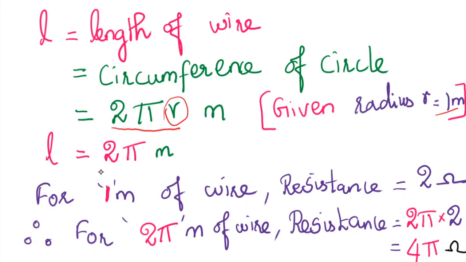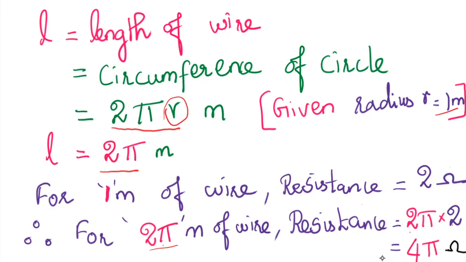So இப்போ நமக்கு length of the wire கிடைச்சாச்சு. இன்னொரு hint என்ன கொடுத்திருக்காங்க, 1 மீட்டருக்கு resistance 2 ohms. Okay. So for 1 meter resistance 2 ohms means what is the resistance of the whole wire? Resistance of the whole wire கண்டுபிடிக்கணும்னா just the length multiplied by 2. எதனால 1 மீட்டருக்கு 2 ohm resistance-னா 2 pi meter of the wire resistance எவ்வளவு இருக்கும், 2 pi into 2, isn't it?